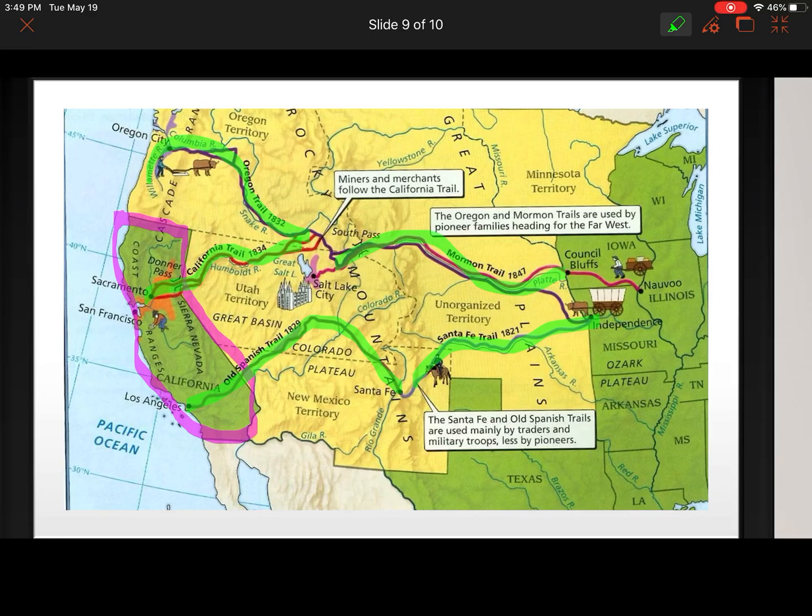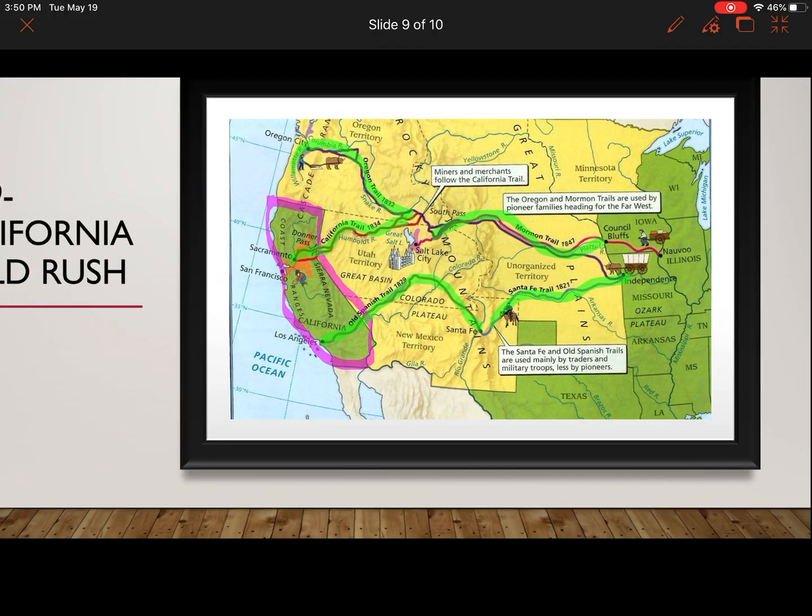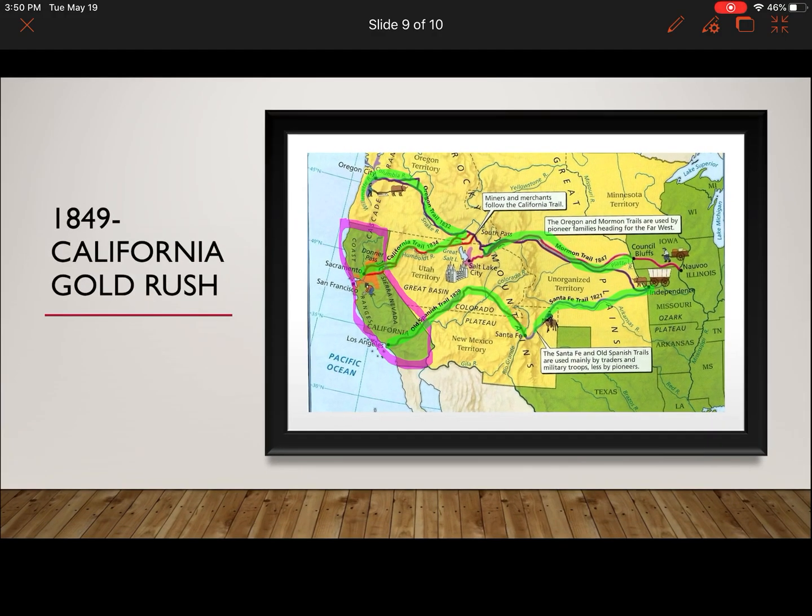These prospectors, these miners, rushed out west because of gold discoveries all throughout the hills, mountains, and plateaus west of the Rocky Mountains. It's really the birth of America's western states.